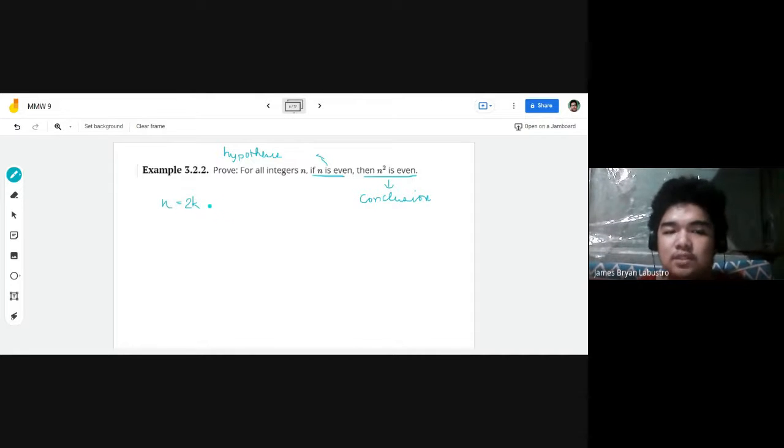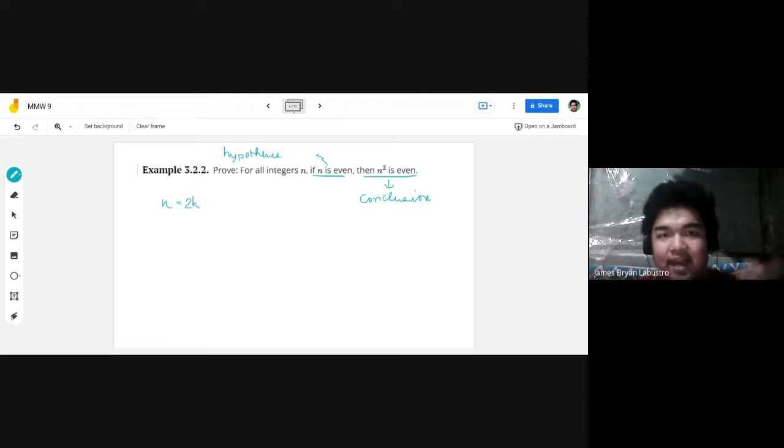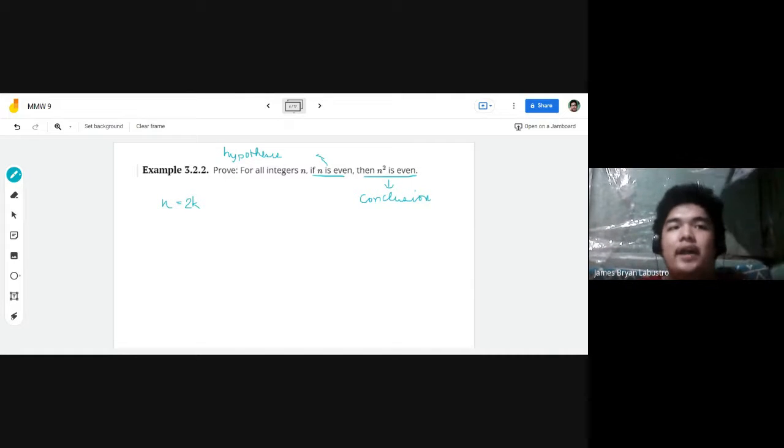Pero pag 2k plus 1, that would be an odd. So we're going to define. Define lang. Okay, hindi pa magiging true proof yan. So we're going to define lang. Okay, the word define. Ano yung meaning, kumbaga.